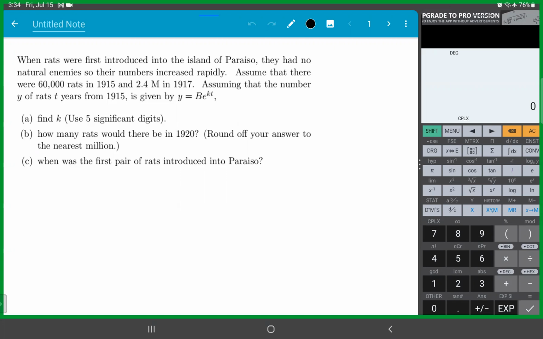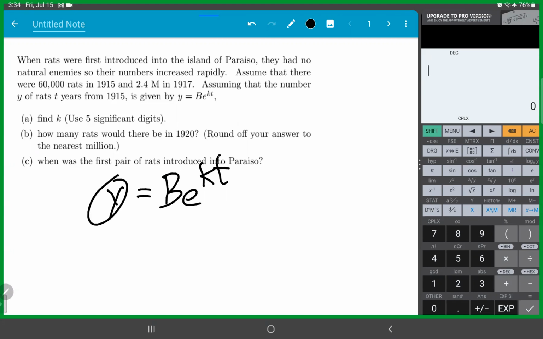So let's do letter A first. We are already given the model as an exponential equation of the form y equals b e to the kt, where y is the population, t is the number of years from the year 1915.